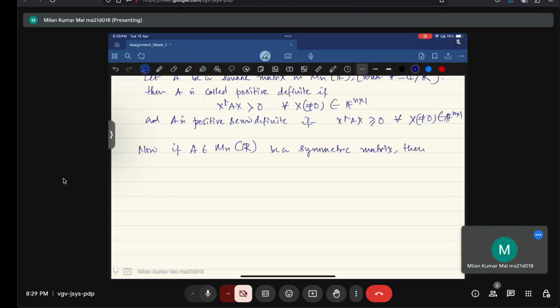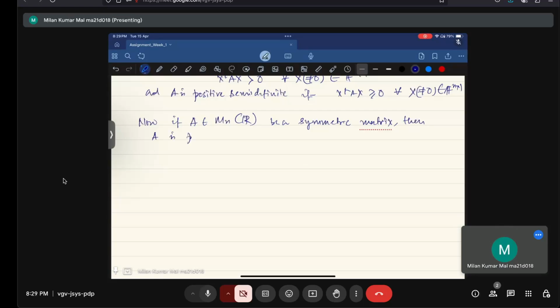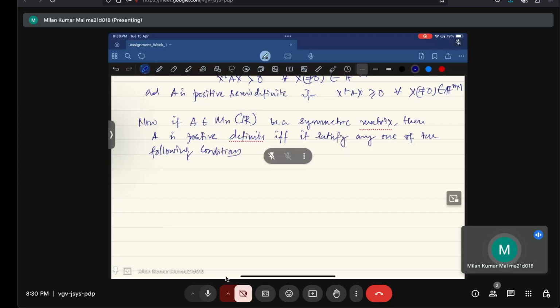then A is positive definite if and only if it satisfies any one of the following conditions. What are the following conditions?